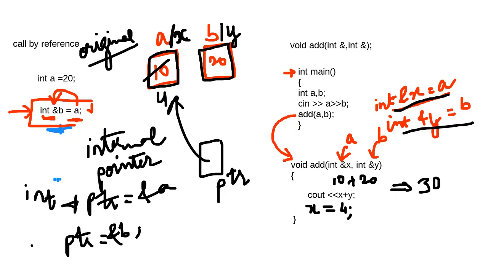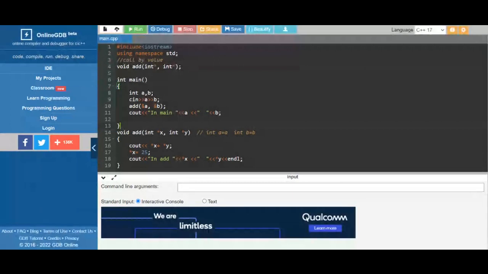Right. So let's move on to next. Let's implement this on the compiler also. Let's check, I hope I haven't said anything wrong. So instead of star, this time it is int ampersand and int ampersand.